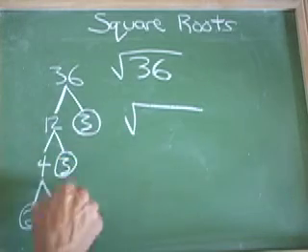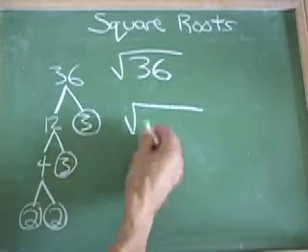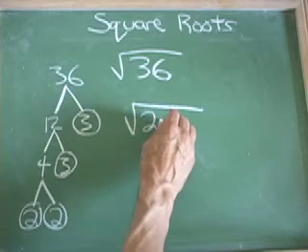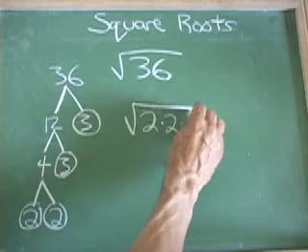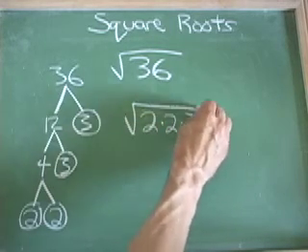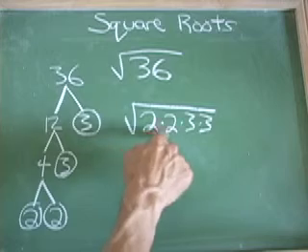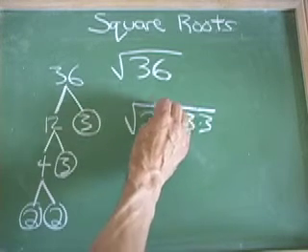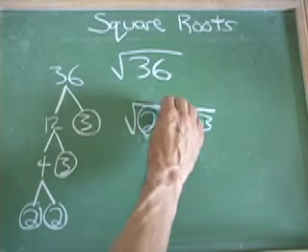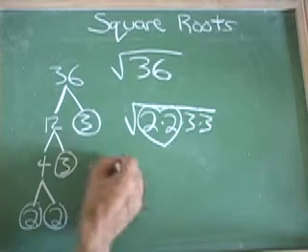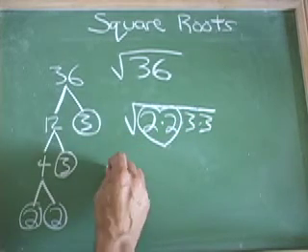Now that I'm done factoring, I'm going to change this square root of 36. I'm going to take all these numbers here and put them in the singles bar here. 2 times 2 times 3 times 3. And all those numbers are lined up in the singles bar now trying to find their ideal mate. And sure enough, oh look, there's two 2's. Those 2's fall in love, and then they come outside the singles bar and become 1.